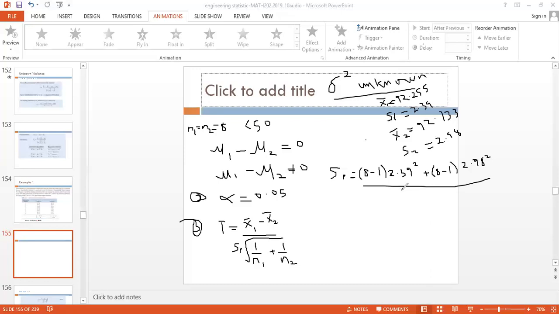Calculate 7 times 2.39 squared plus 7 times 2.98 squared, over 14.